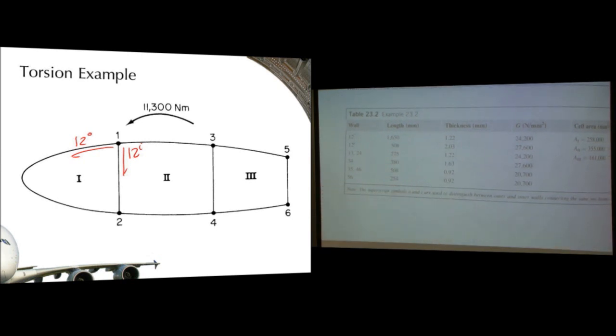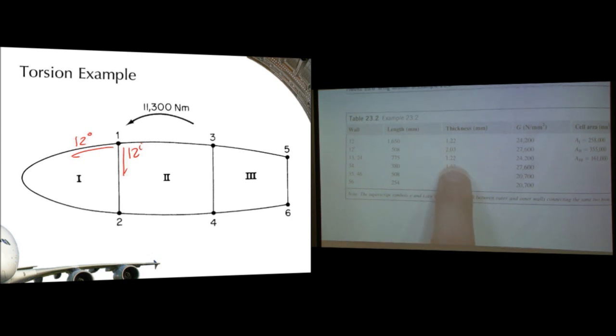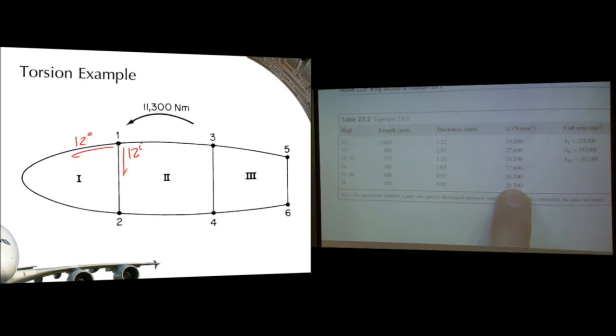The thickness of every panel, not boom. The thickness of every panel is here. The G, let's not worry about varying G unless you're trying to follow Megson exactly. Let's just all assume that the top value of G is constant throughout, because changing G makes our calculations really tricky. And the areas of each boom, of each cell, are here.